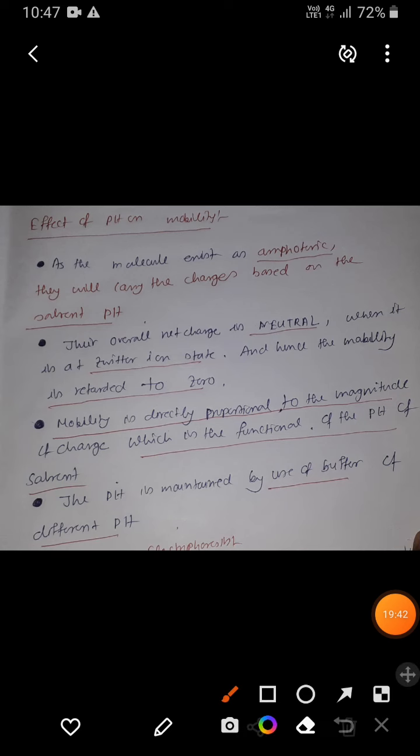Then we discussed the effect of pH, because electrophoretic mobility is directly proportional to the magnitude of the charge, which is in turn a function of the solvent pH.